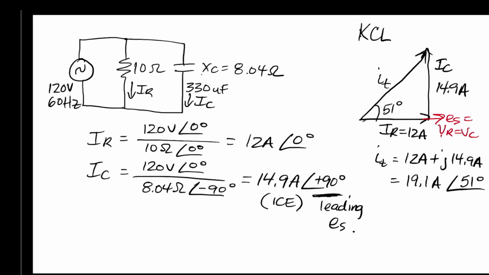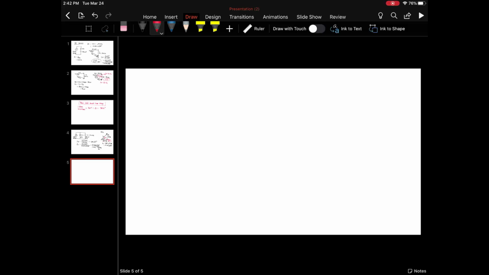There's no way any one of those branches could have a voltage at a maximum value while the other was at a minimum. It's a parallel connection. So we know that we have an in-phase source voltage for all of the branches and the source, and definitely VR and IR are going to be in phase. As a result, with source as the reference in the current triangle, we find I total up here, indicating the circuit phase angle for this diagram.